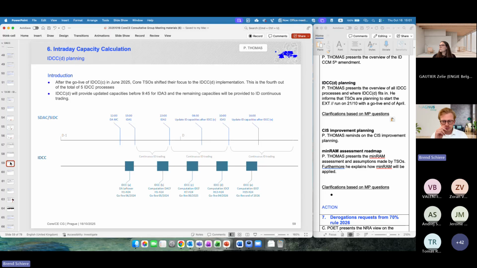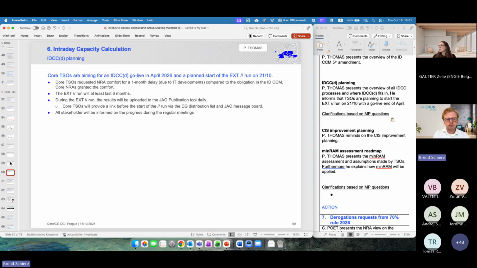The preparations are ongoing. We already started an internal parallel run, and next week the external parallel run will start. Go-live is planned for April, so it's around 6 months until this process will go into operation.